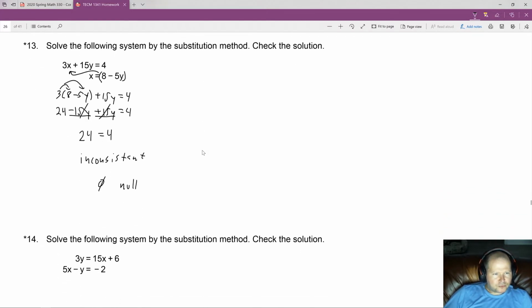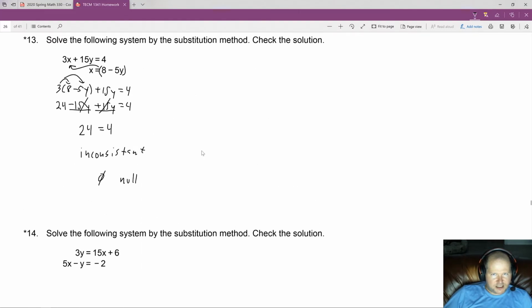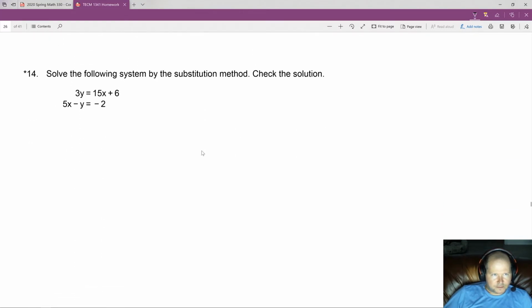Okay. The last one, solve the following system by substitution method. Check the solution. In this case, we have a 3y, we have a 16x, we have a 5x, and we have a negative y. That negative y actually has a negative 1 coefficient, and that'd be the easiest one to solve for y.